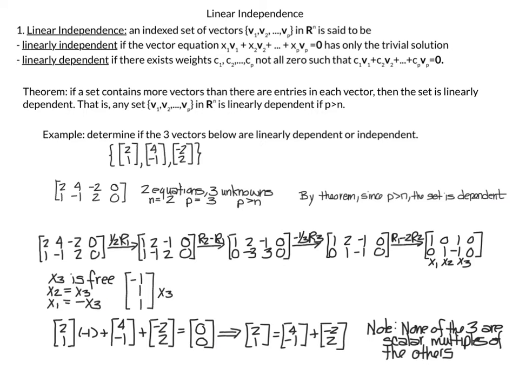I plugged in -1, 1, and 1 as my scalar multiples for my three vectors. So I have (2, 1) times -1, my (4, -1) times 1, and my last vector, (-2, 2) times 1.